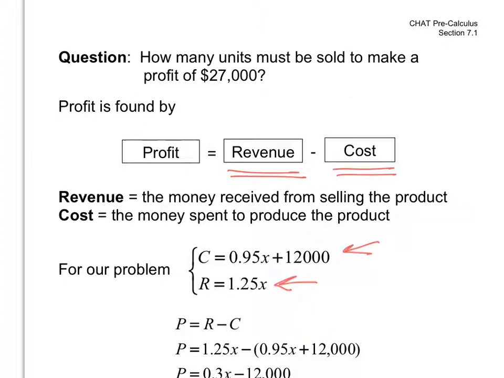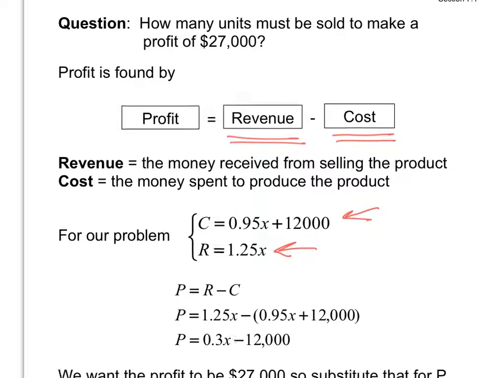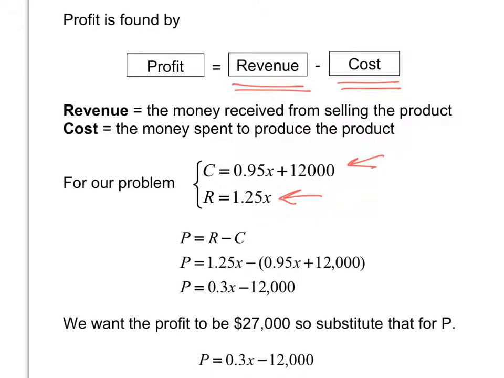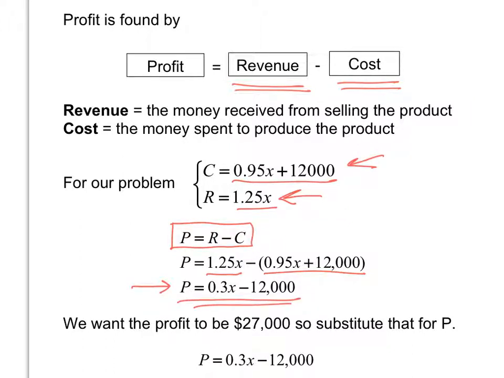But what we need to do is take the revenue minus the cost in order to find out what our profit is. So we need to take our profit equals revenue minus cost and put in our values for cost and revenue. So here's the revenue minus the cost, and it looks like our profit is going to be 0.3x minus 12,000.